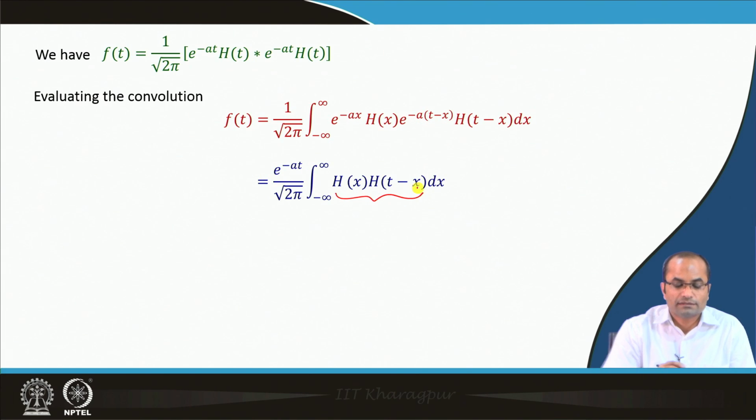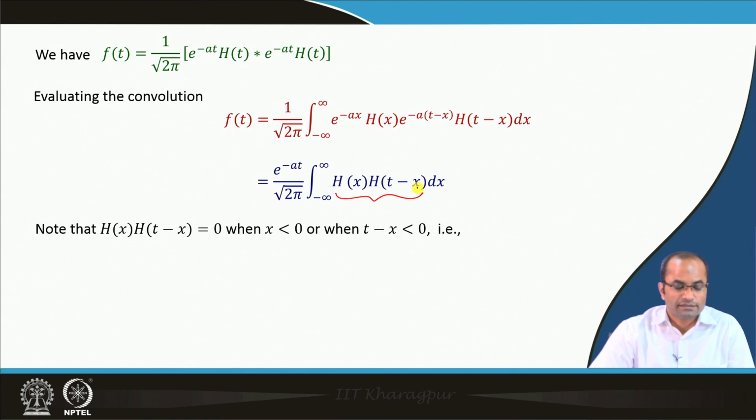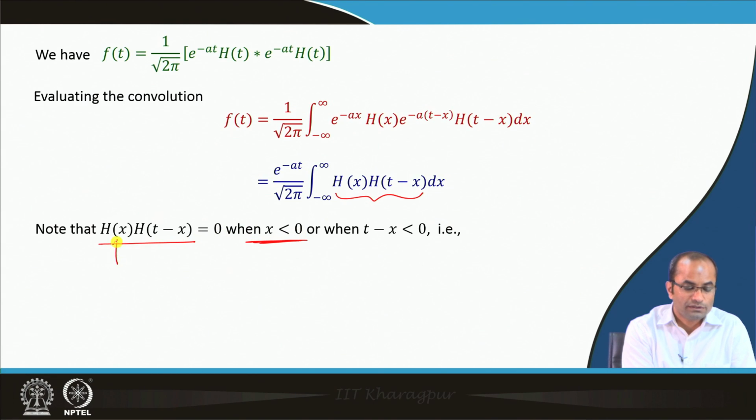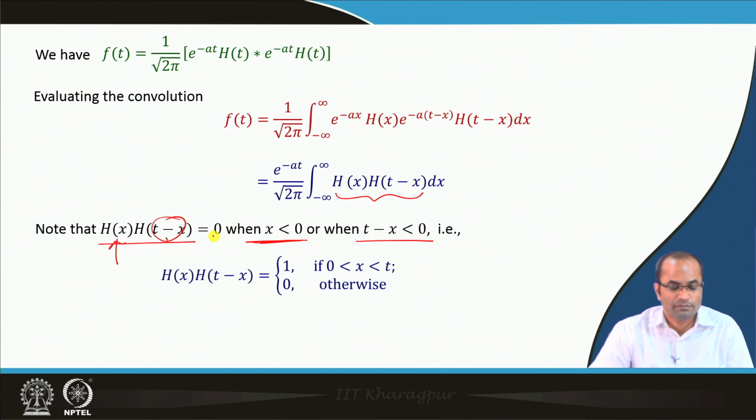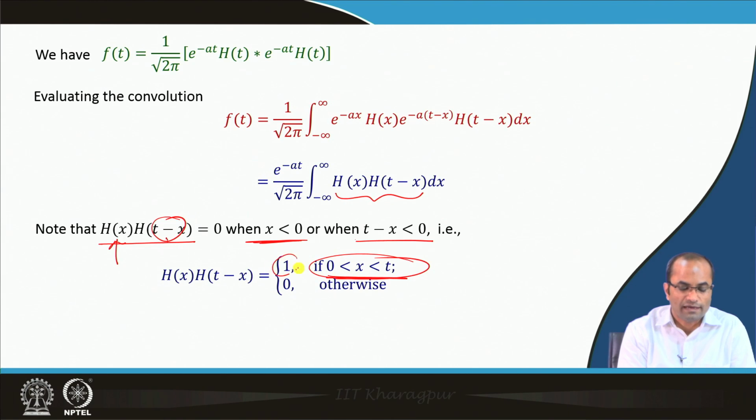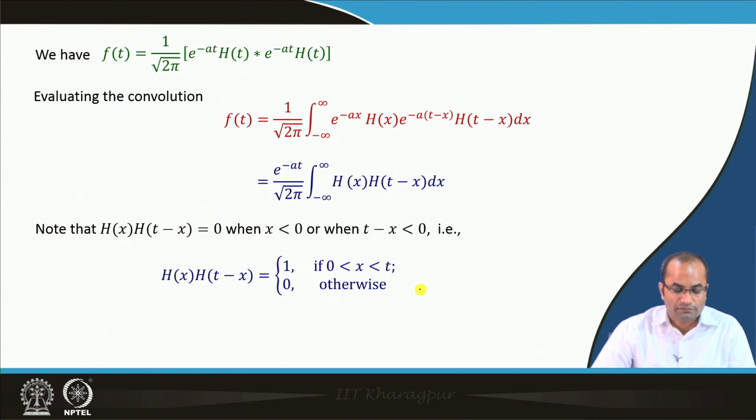So, the integrand is just h x and h t minus x, which we know is 0 when x is negative, and if t minus x is negative, so this argument is negative, again this product will become 0. That means, we have this situation between 0 and t. If x is between 0 and t, the value of this integrand will be 1, otherwise the value will be 0.